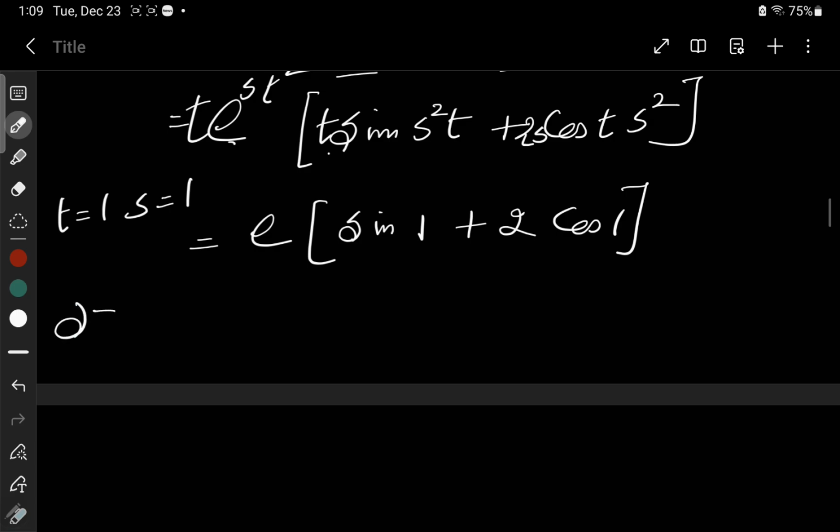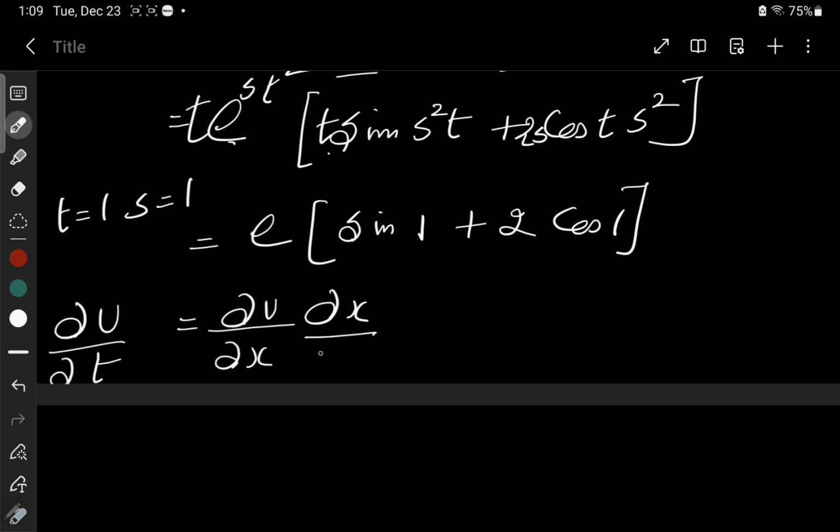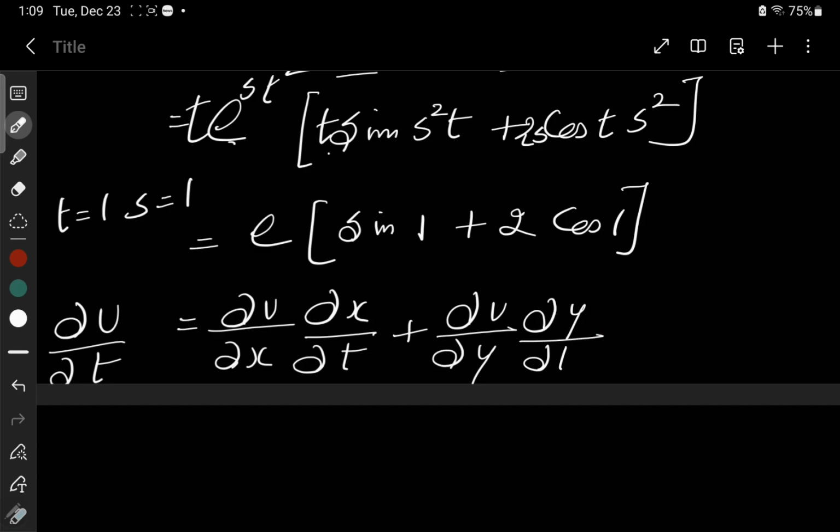Next I am going to find ∂u/∂t. That is ∂u/∂x into ∂x/∂t plus ∂u/∂y into ∂y/∂t.